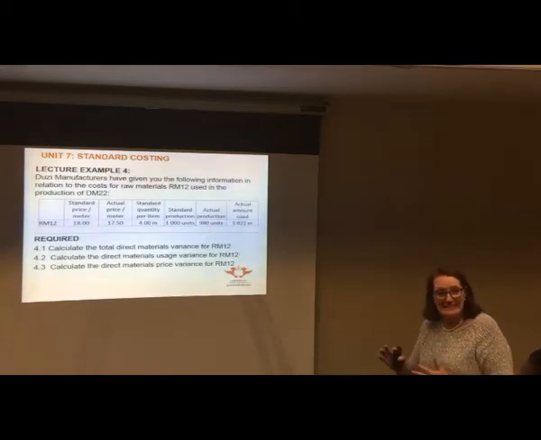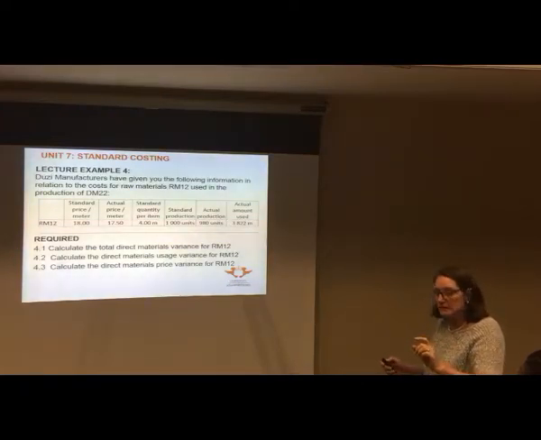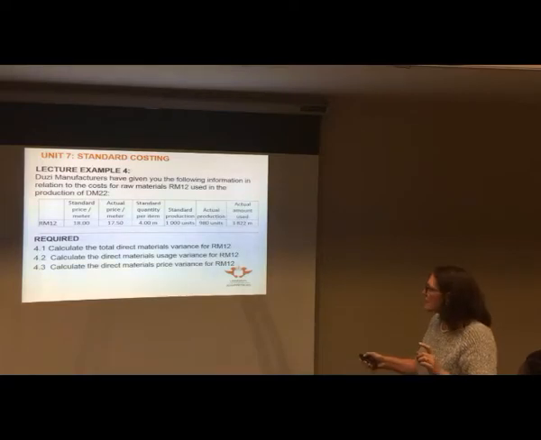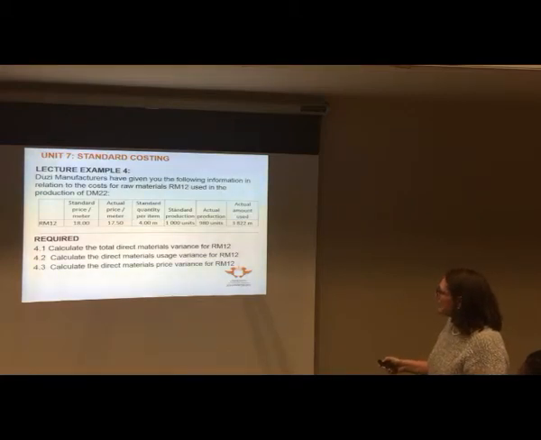So we have to flex it. So your standard quantity is going to be 980 times your standard 4 meters a unit. That's your standard quantity. So your standard quantity times standard price is going to be 980 times 4 times 18.